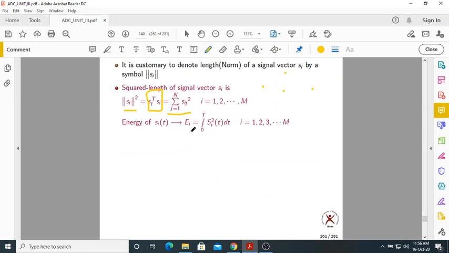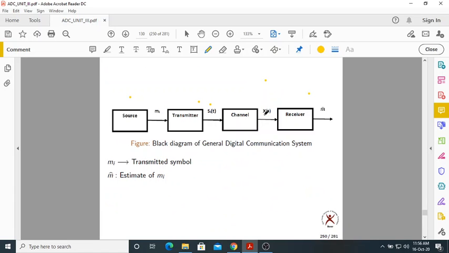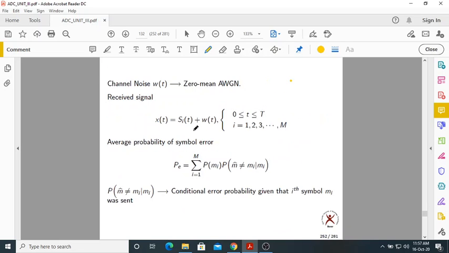If you go back to the diagram, as I told you in the last class, we have a source which is emitting symbols every T seconds, and those are modulated and transmitted. We are transmitting S1 of t, S2 of t, and so on up to Sm of t. Those are M energy signals. First we should take those.